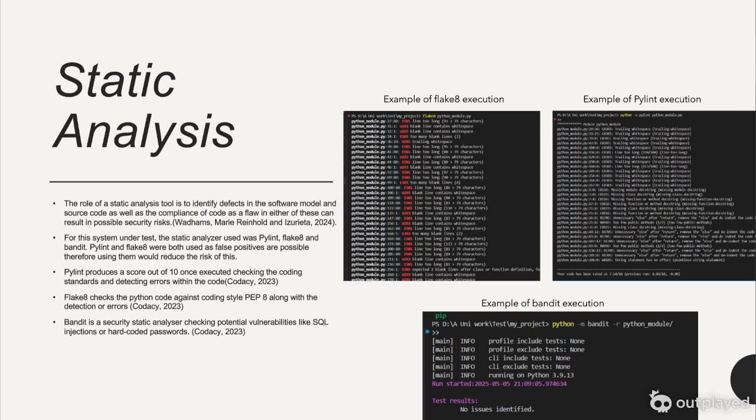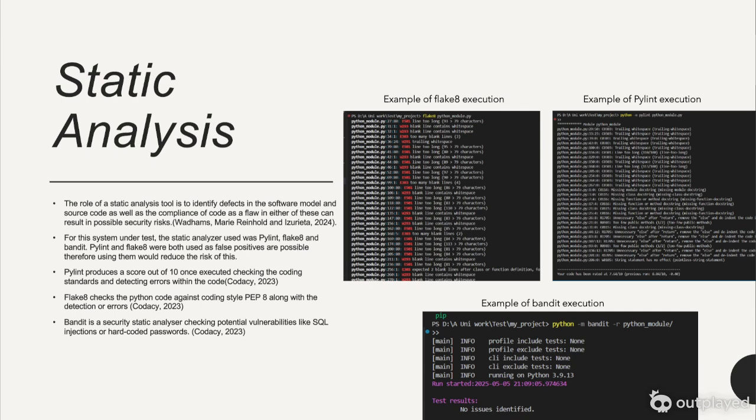They are very effective at early detection of defects. For this system under test, the static analyzers that I used were Pylint, Flake8 and Bandit. Pylint and Flake8 were both used as false positives are possible when running these, so I could compare the results of both to eliminate this risk.